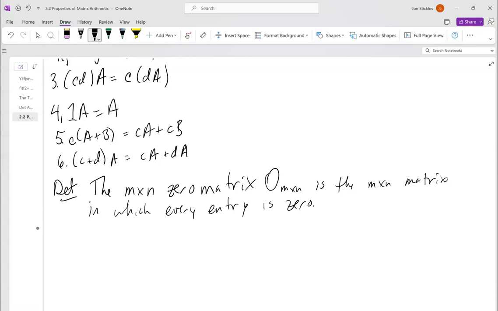We need a zero matrix defined, just like we need the number 0 defined. Most of algebra comes about by trying to solve equations, and trying to solve equations gets back to isolating a variable. So if you want to solve the equation, for example, x plus 3 equals 5, we technically add the opposite of 3 to both sides, right?